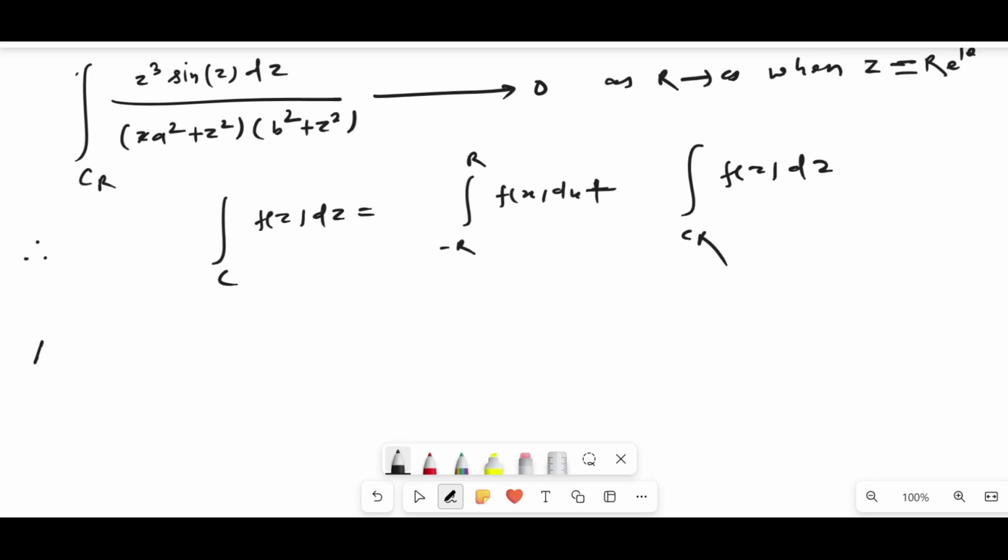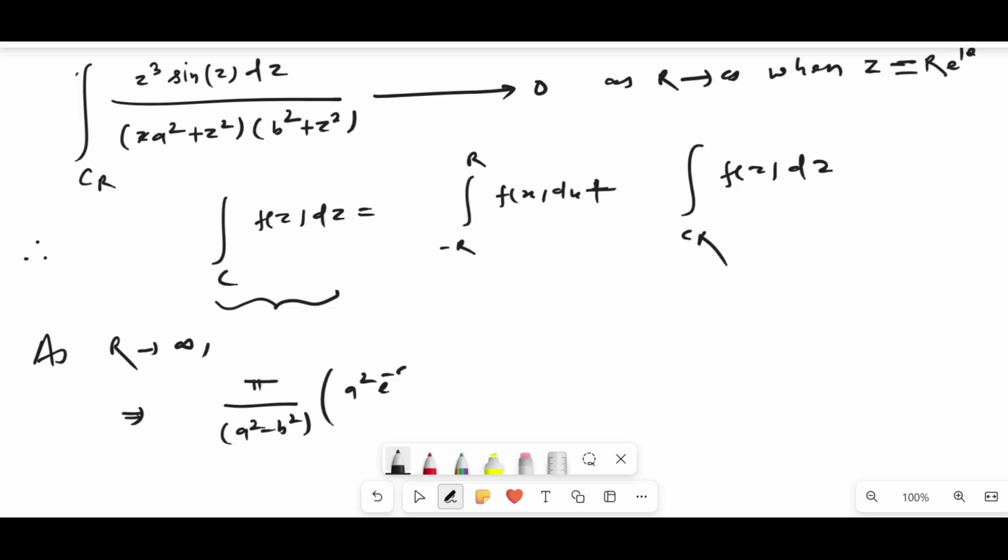So now as r tending to infinity, this value will be equal to pi upon (a squared minus b squared) in bracket (a squared e to the power of negative a minus b squared e to the power of negative b), and as r tending to infinity this value is equal to the integral from negative infinity to infinity of f of x dx, and this limit will be 0.